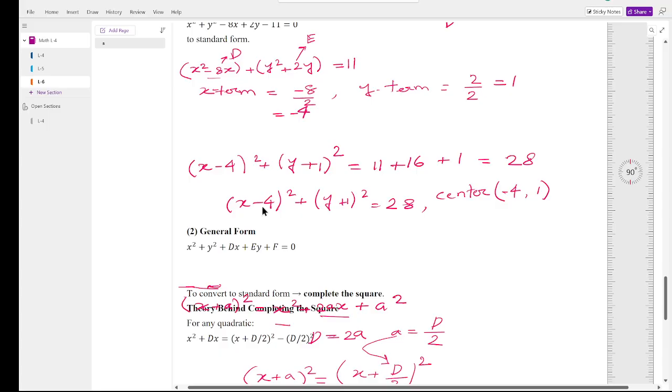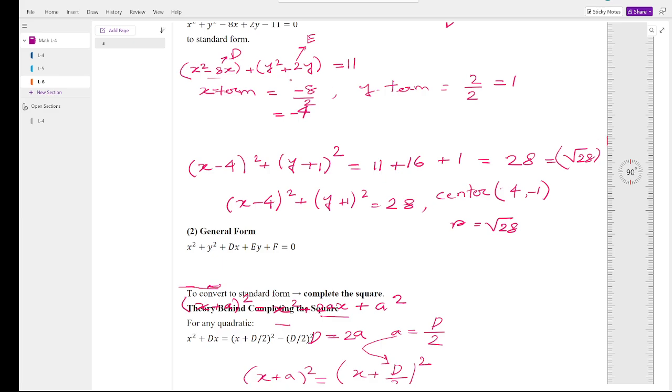So if here is minus 4, the center must be plus 4. If here is positive, the center must be negative, and the radius r equal to root over 28. We can write it like this: this is x square, this is y square, and this one is r square.